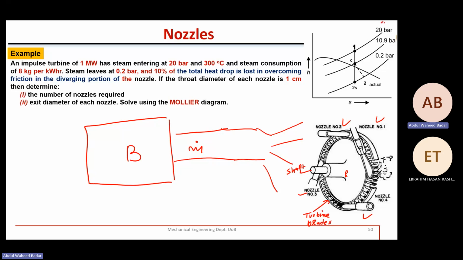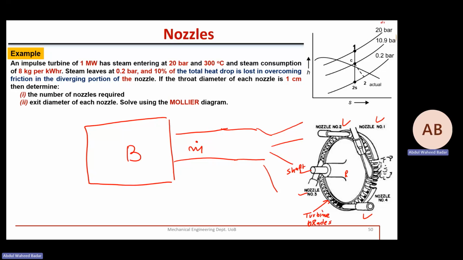That is what we need to find out in this question. For this situation, the total number of nozzles required, we need to find out. As an example, 4 are shown, but we do not know how many. So that's what we need to calculate.